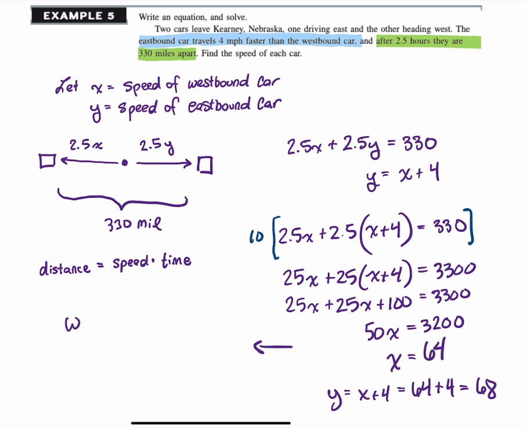So I'll say the westbound car is traveling at 64 miles per hour. And the eastbound car, which is y, is traveling at 68 miles per hour. 4 miles per hour faster.